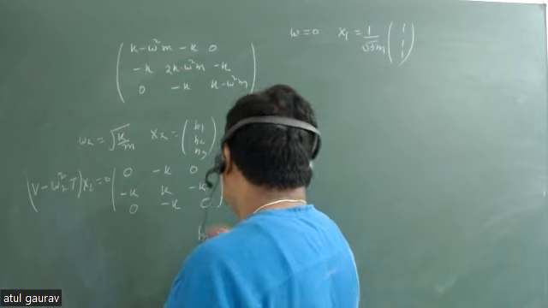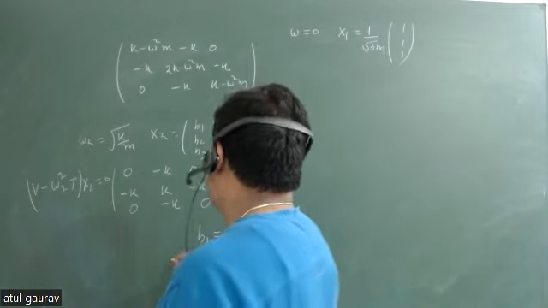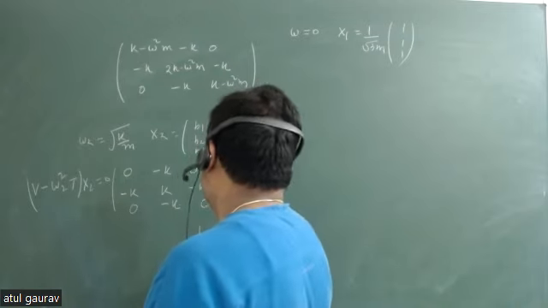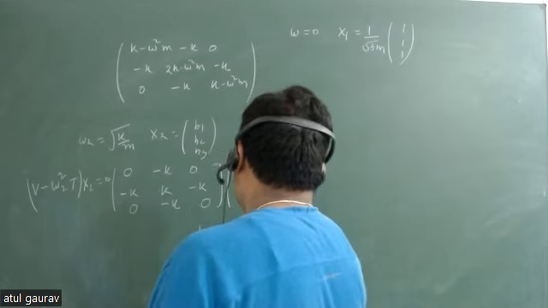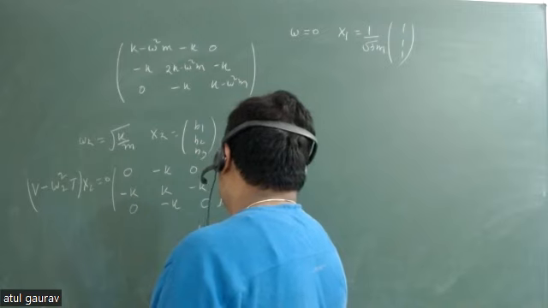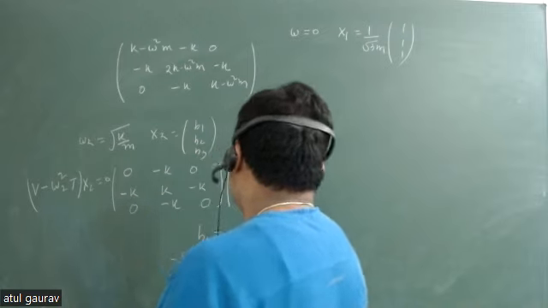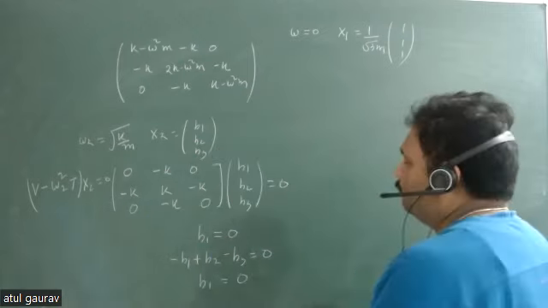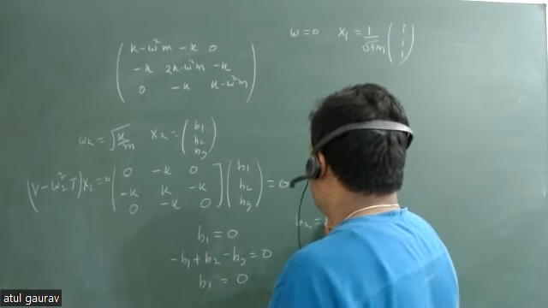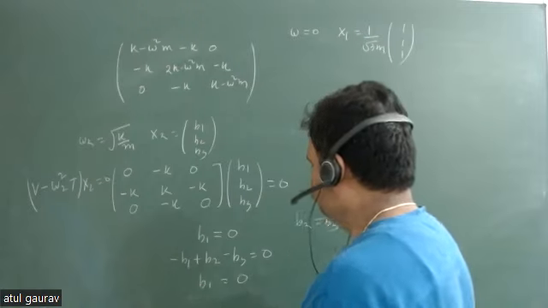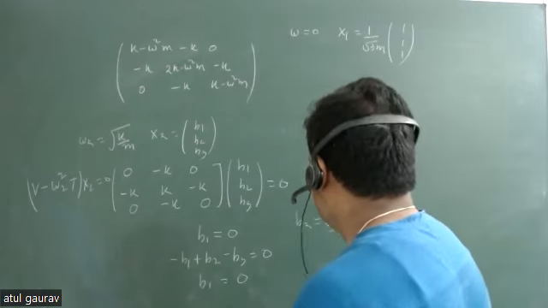b1 is equal to 0. Minus b1 plus b2 minus b3 is equal to 0, and b1 is equal to again 0. So from here b1 must be equal to 0 and b2 must be equal to b3. ठीक है ना?